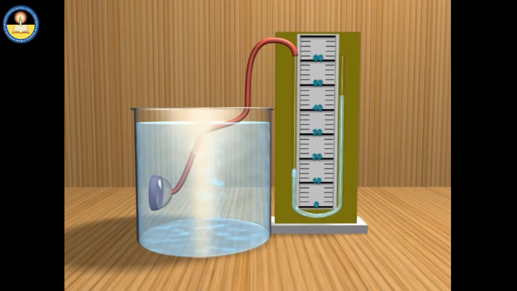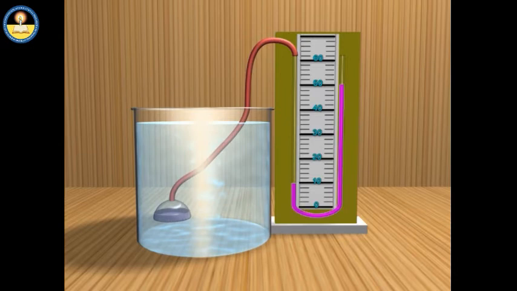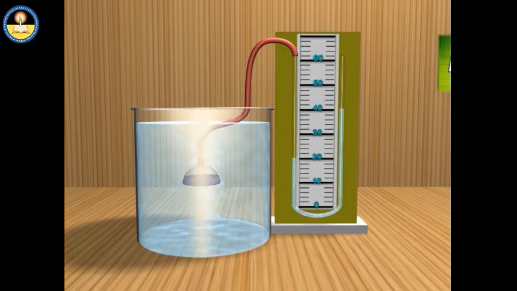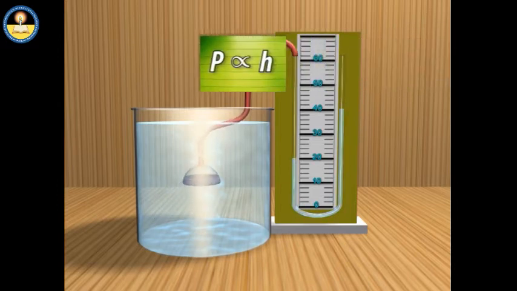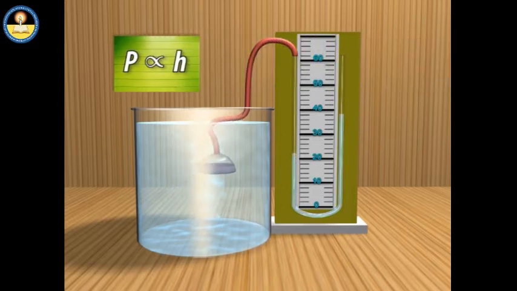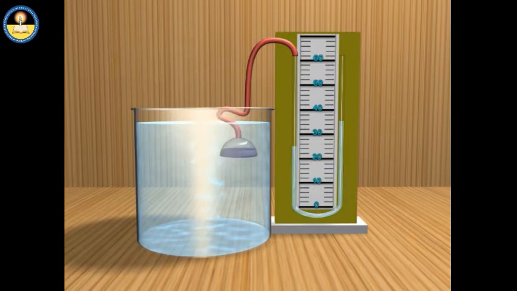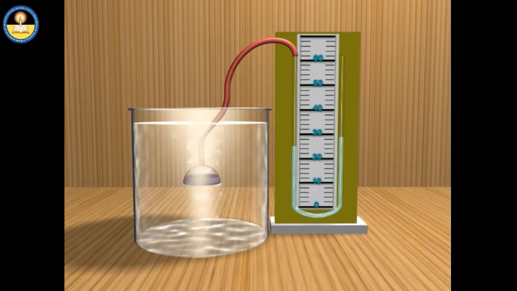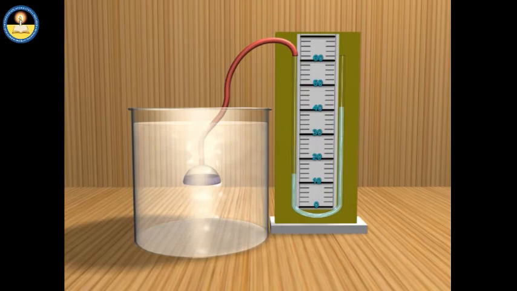Further, if we insert the manometer at different levels, one can notice that greater the depth, higher is the pressure. That is, at any point in the liquid, the pressure depends on the height of the liquid column above it. Let's now take 2 beakers, one filled with water and one filled with a salt solution.